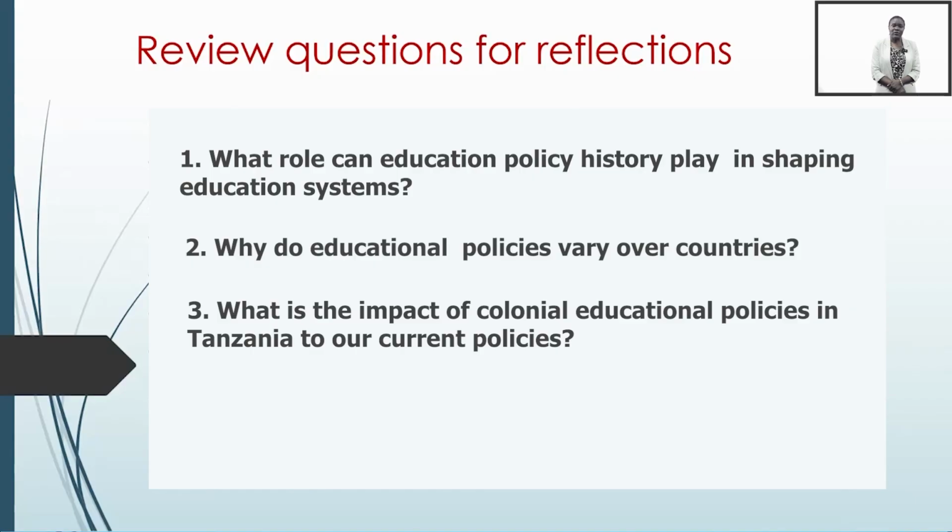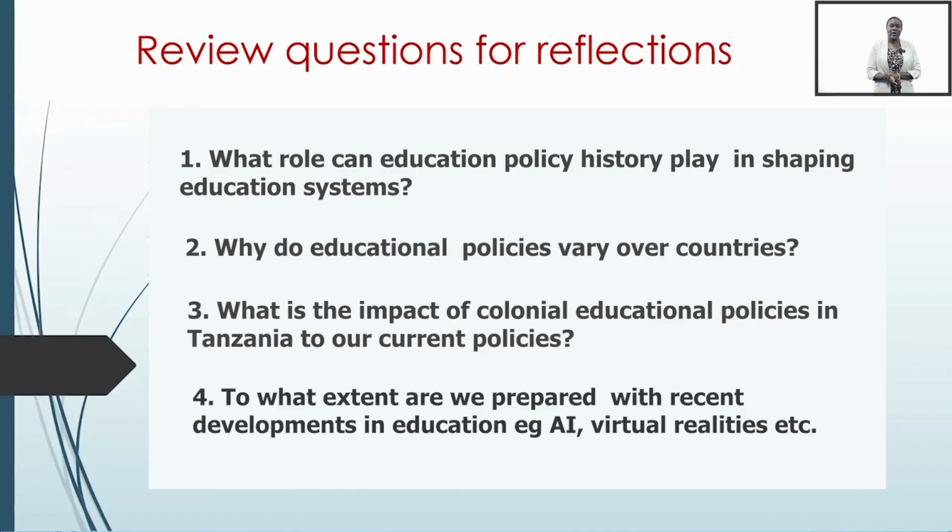What is the impact of colonial education policies in Tanzania on our current policies? To what extent are we prepared for the recent developments in education, for example virtual realities, artificial intelligence, etc.? So these are some of the review questions that we can reflect on as we are doing this recap.